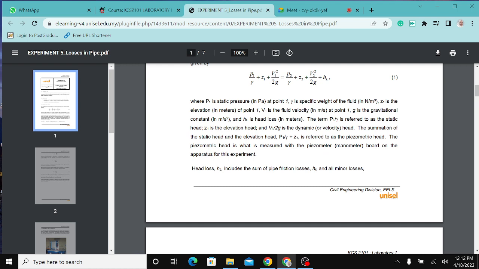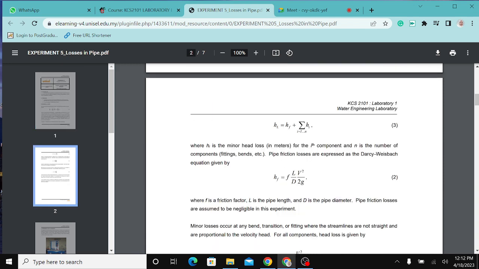Okay. So the head loss HL, label for head loss HL, includes the sum of pipe friction losses HF. So friction losses, sum of pipe friction losses HF and all minor losses is given by this equation number 3. Okay. Sigma ni simbol hasil tambah.